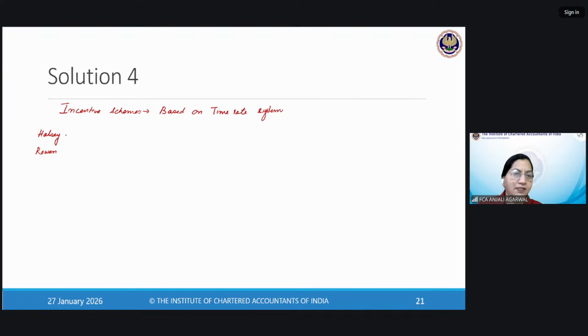So what Halsey suggested is that each and every worker must be paid as per the time rate, plus he should get some incentive or bonus.